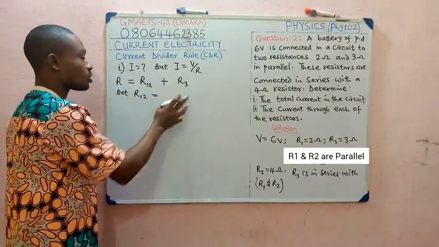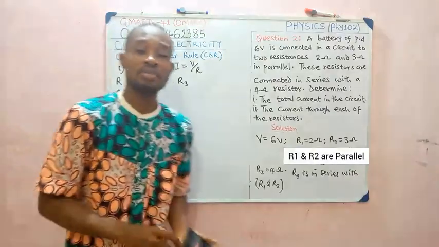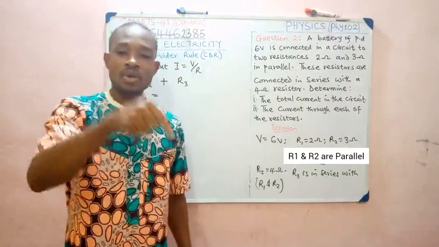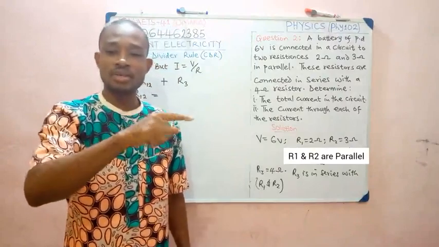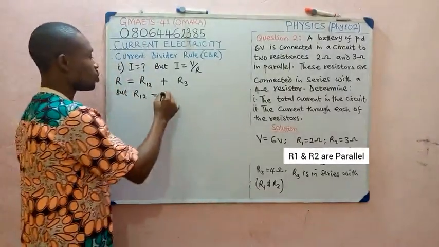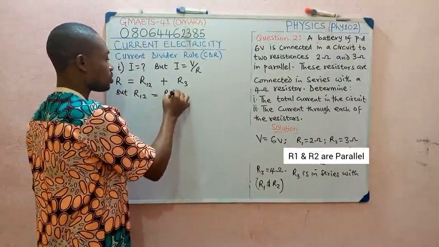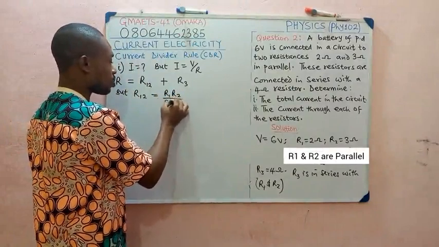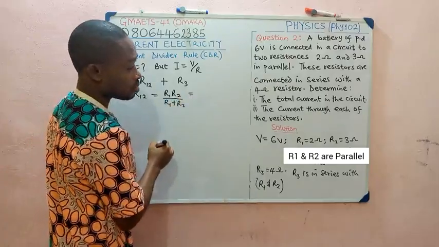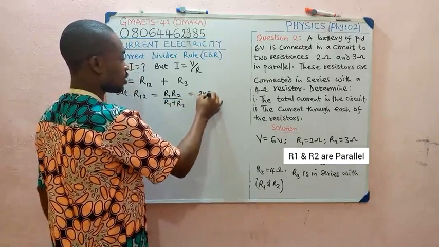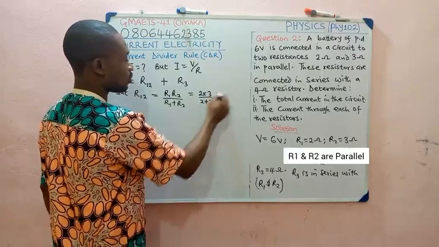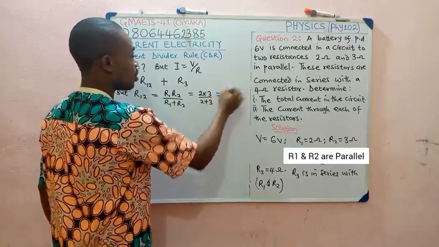When you have resistors connected in parallel and there are only 2, you can quickly use this formula: multiply the resistance values divided by the sum of the resistance values. So R12 will be equal to R1 times R2 divided by R1 plus R2. That is 2 times 3 divided by 2 plus 3. If we work on this, 6 over 5 will give us 1.2 ohms.